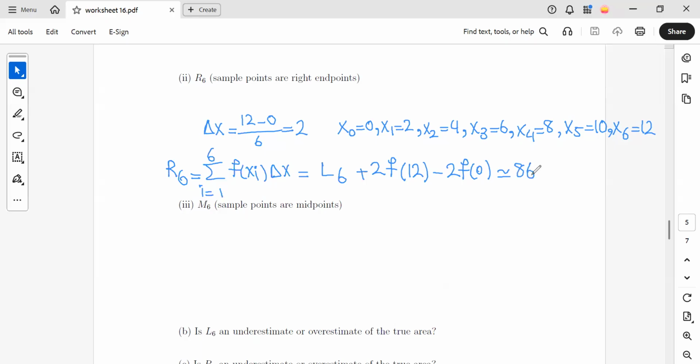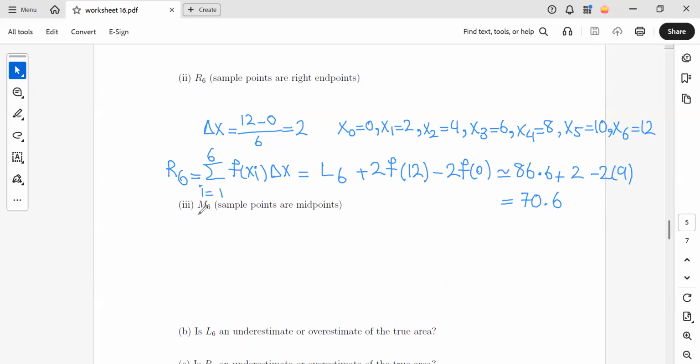So the last one, L6, was 86.6 plus 2 times 12, which is 2 times f of 12, which is 1, minus 2 times 9 because f of 0 is 9, and it will be 70.6.